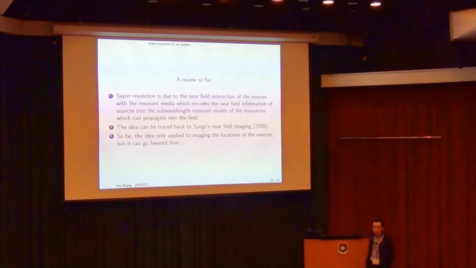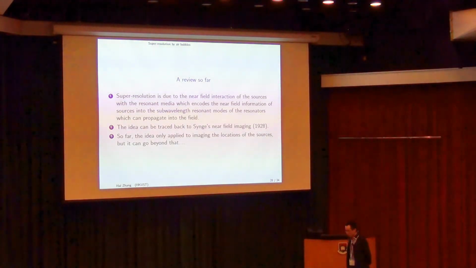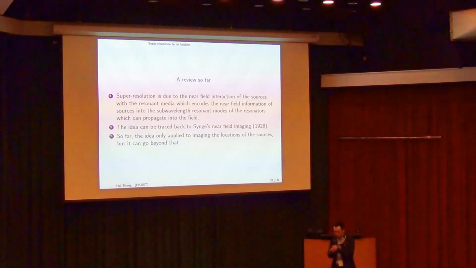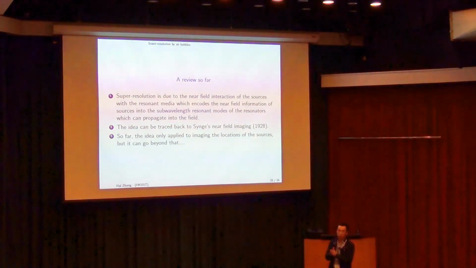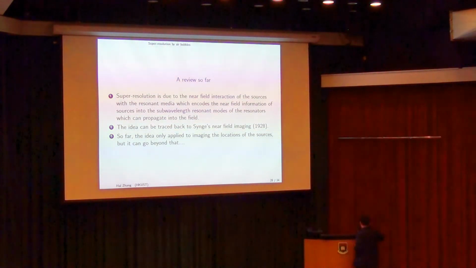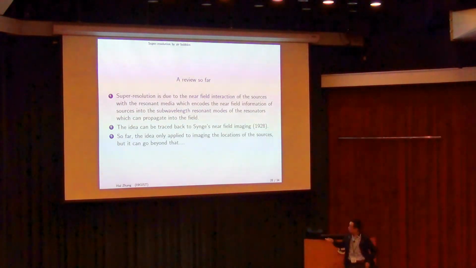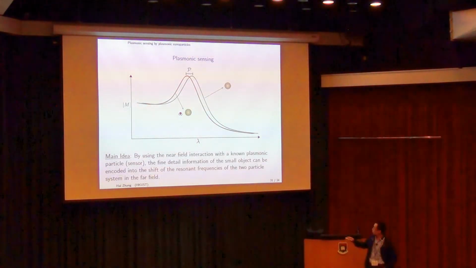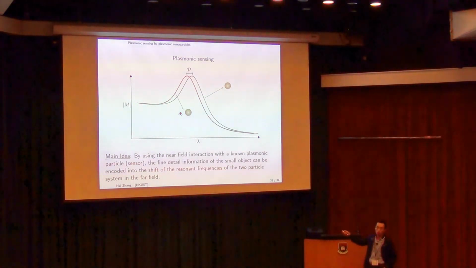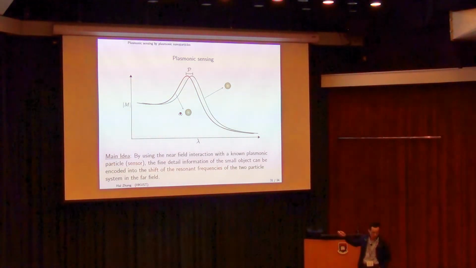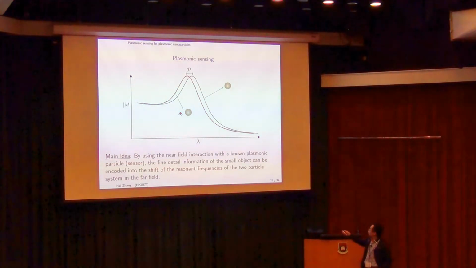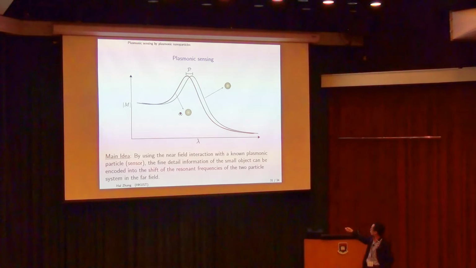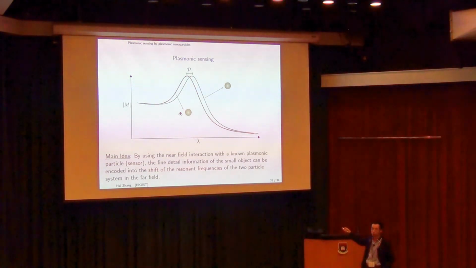In optical imaging, yes, we need that. In that case, we can use some resonant media, for example, optical resonators like plasmonic particles. Let me give you some idea of what we did here. We can do some sensing. We have a very small particle, so small that there is very little scattering, and then we can put an optical sensor, which is a plasmonic resonant particle, close to it.